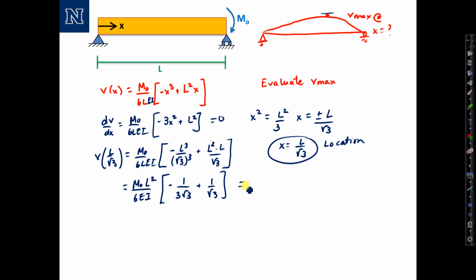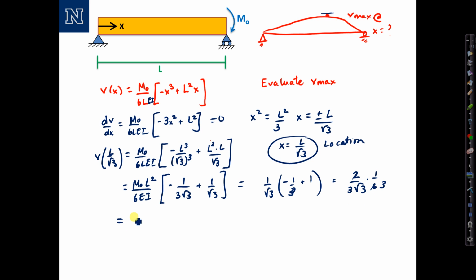Factoring out the 1 over root 3, I have negative 1/3 plus 1, which is 2/3, so I have 2 over 3 root 3. Multiplying by the 1/6, this reduces to a 3, so I have 1 over 9 root 3.